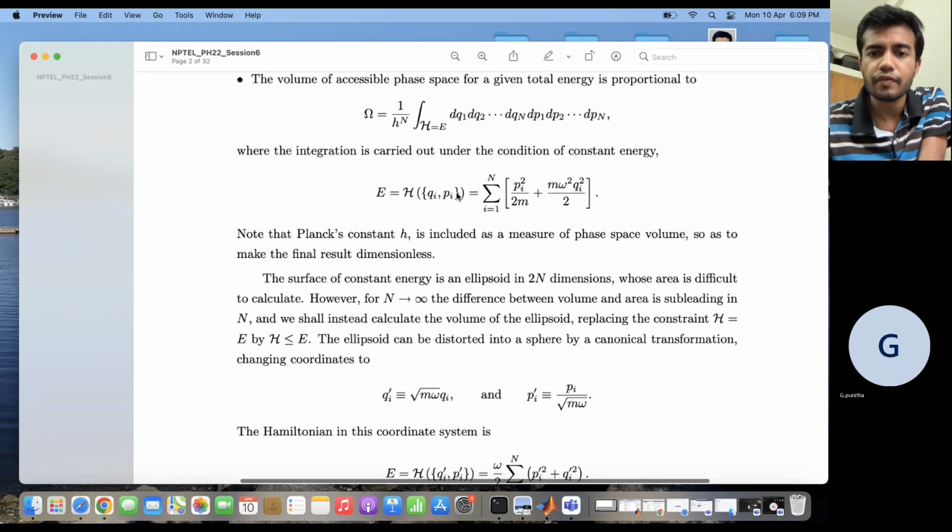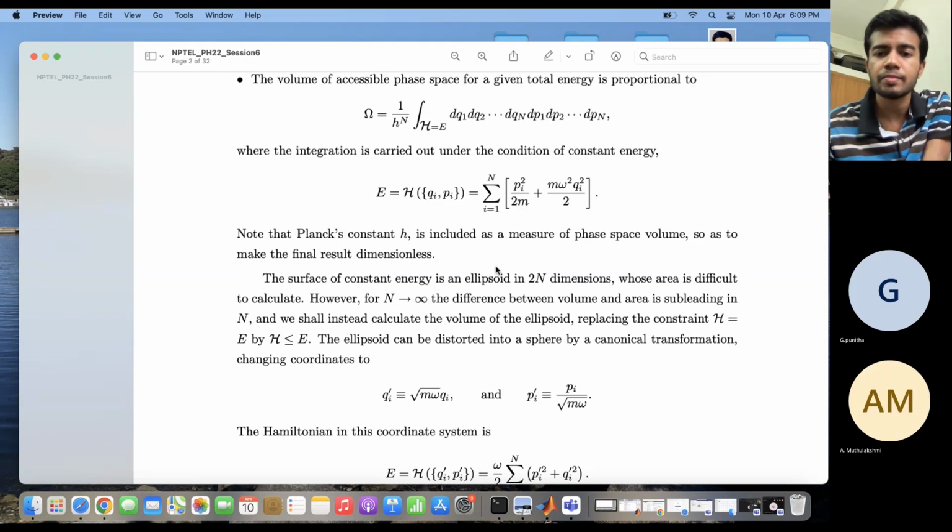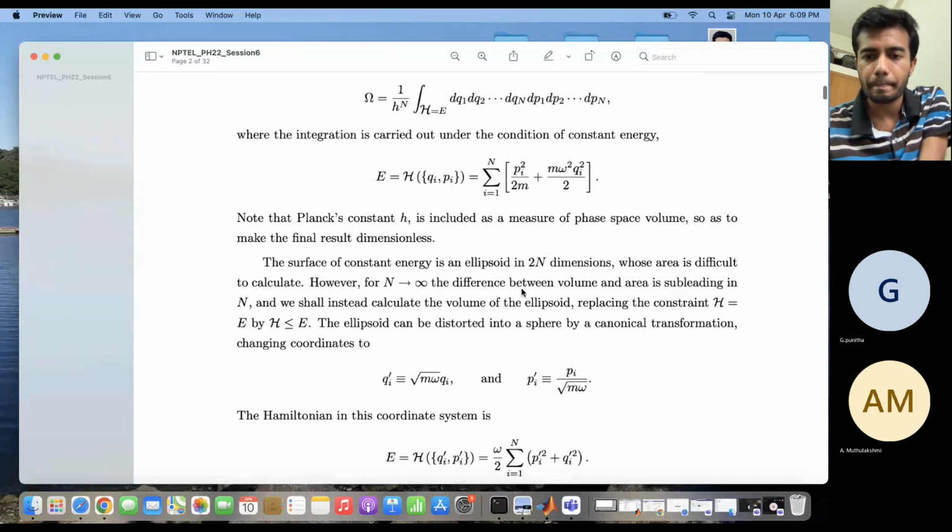Because this equation is of the form of the equation of an ellipse. If I consider only one oscillator, then it is pi squared by 2m plus m omega squared qi squared by 2 equal to E. You can see this is an ellipse in the phase space which is spanned by pi and qi. If there are N such axes, it becomes a 2N-dimensional phase space, which is spanned by an ellipsoid.